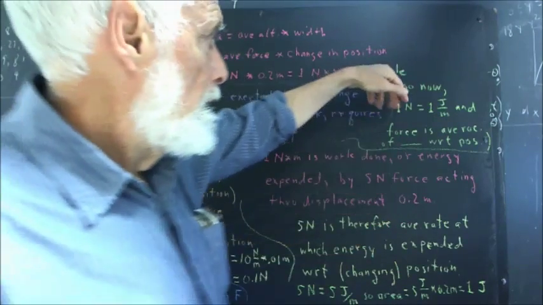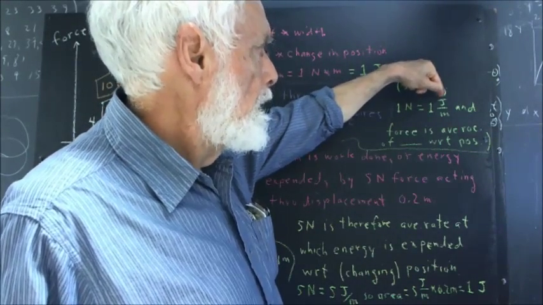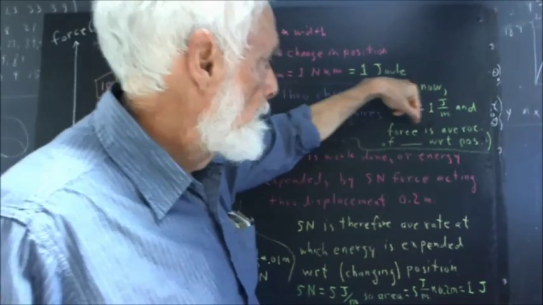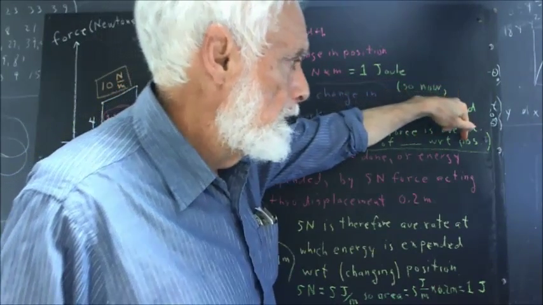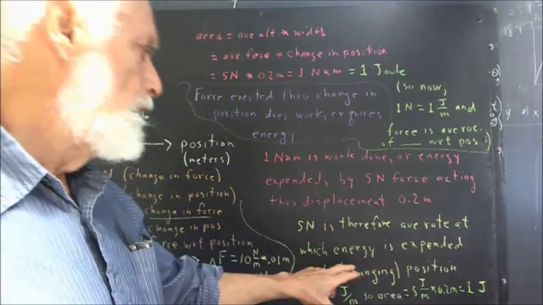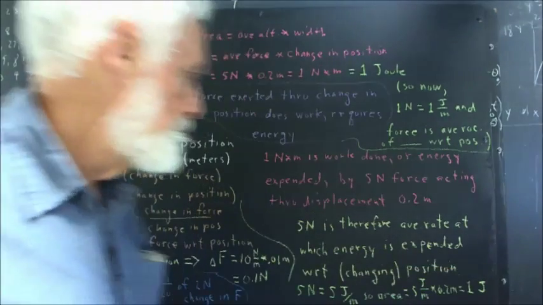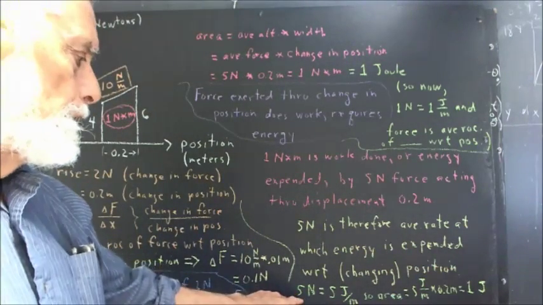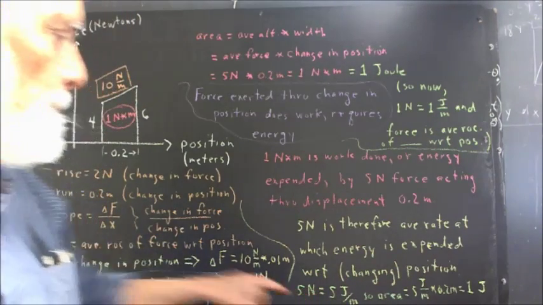Well, then joule is a measure of work or energy, so this is work or energy per meter, so that force is now an average rate of change of energy with respect to position. And now we can say that 5 newtons is the average rate at which energy is expended with respect to the changing position.